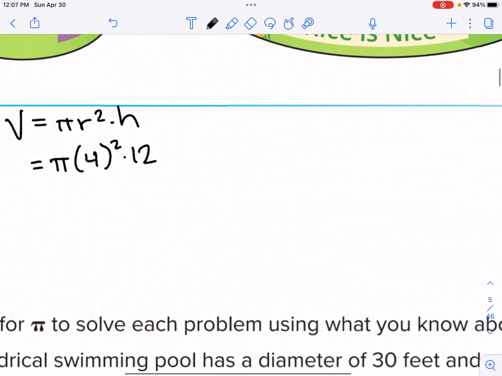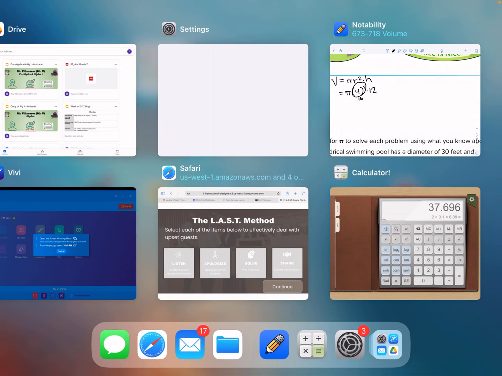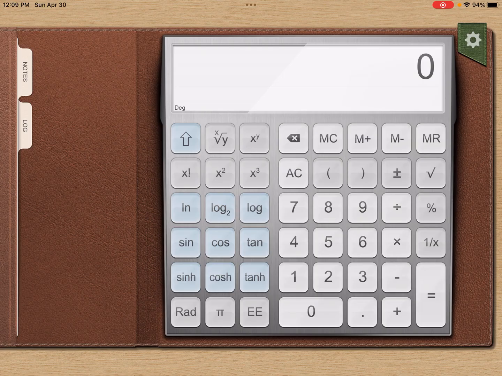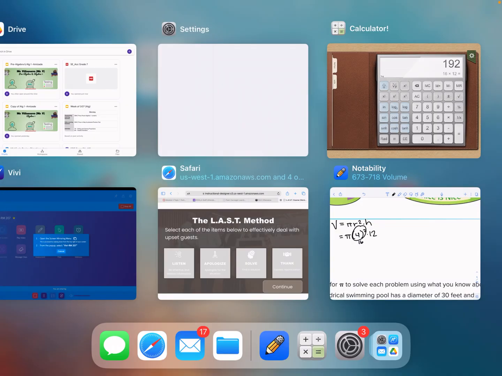Now, always first, you have to square the number, so multiplying 4 times 4. So 4 times 4 is 16. Let's do 16 times 12. I don't know that off the top of my head, so we're going to use our calculator. 16 times 12, 192.